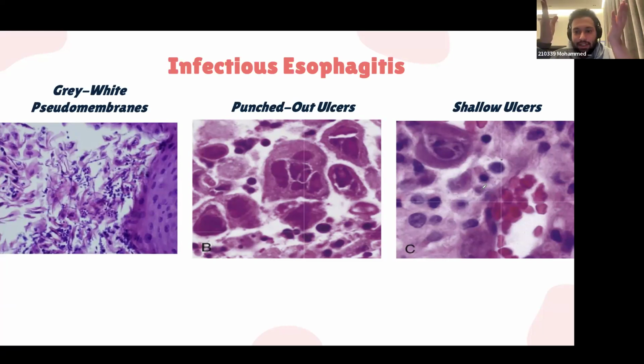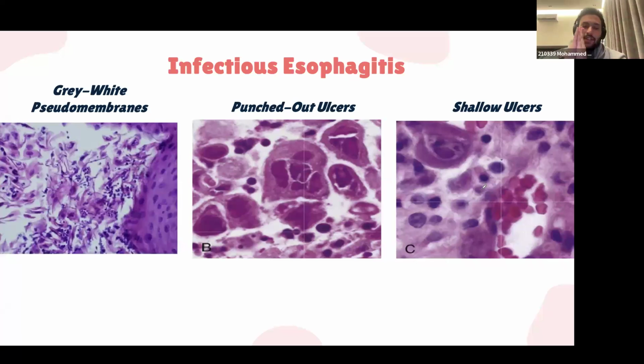Esophagitis can cause dysphagia and odynophagia. Odynophagia is important because this is pain with swallowing. Infectious esophagitis usually happens in immunocompromised patients: patients who have HIV, AIDS, taking steroids, very old, elderly patients, and so on.